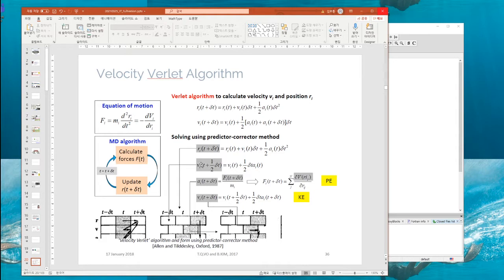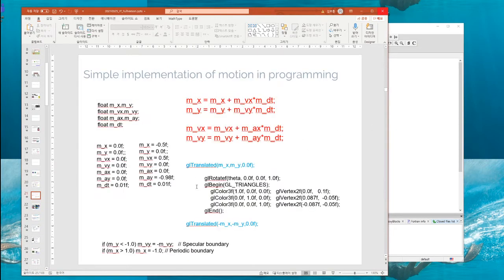Okay, so this velocity Verlet algorithm will make the molecules move, and I want to show you this as well. So I actually made an example code with this because some of you maybe want to build your own molecular dynamics code as well, like I did when I was doing my PhD. But even though I have my own molecular dynamics code, nowadays I'm using LAMMPS from the Sandia lab in the United States.